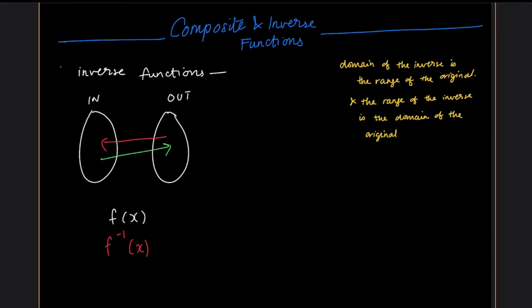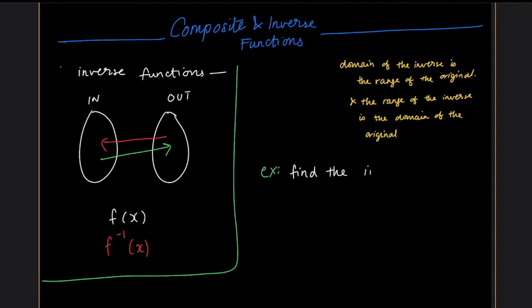Now let's look at an example. Let's say we want to find the inverse of f of x is equal to 1 plus 5x over 3x minus 2.